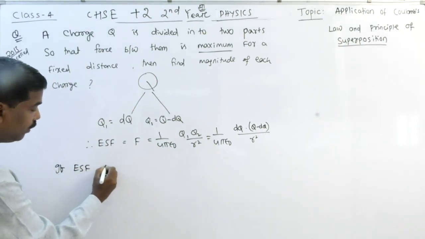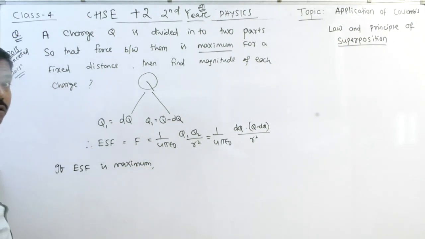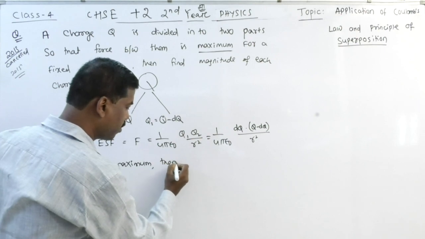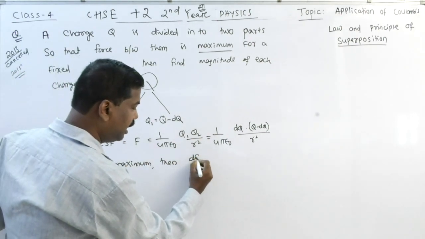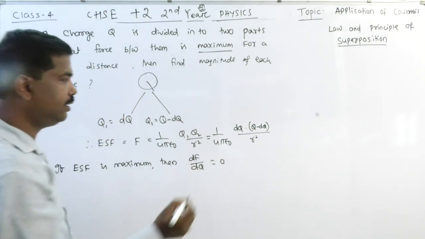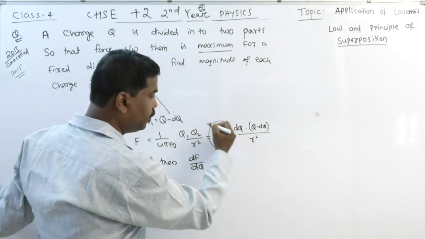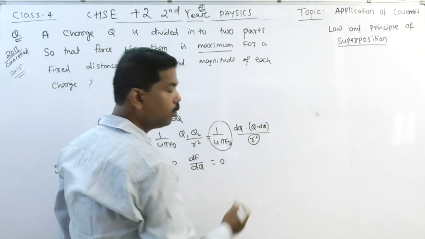If the electrostatic force is maximum, then the derivative of the force with respect to the variable quantity, dF by dq, is equal to 0. Listen to me. Here 1 by 4 pi epsilon 0 is a constant quantity, and r square is also a constant quantity.